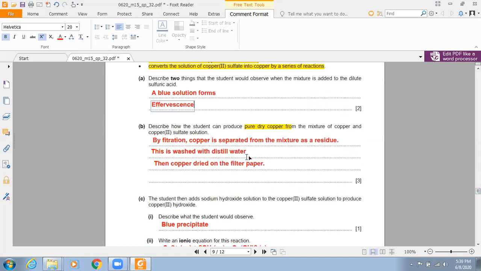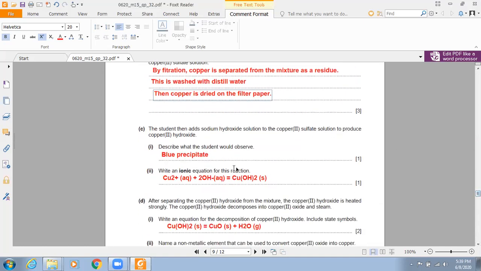If you dry it simply, water will be evaporated and copper sulfate crystals will be found with copper. So it is necessary to wash the copper so that no copper sulfate is left. Then copper is dried on the filter paper. Okay.